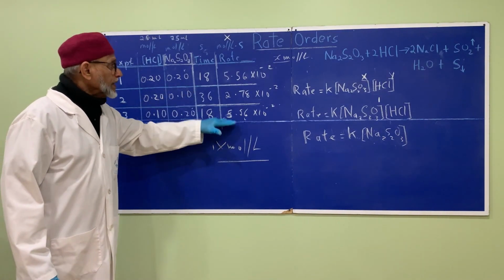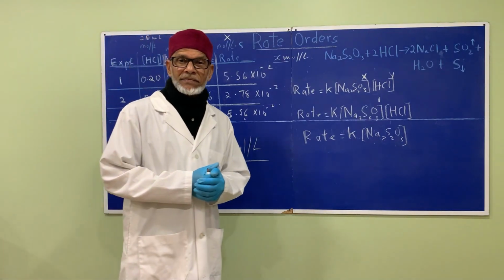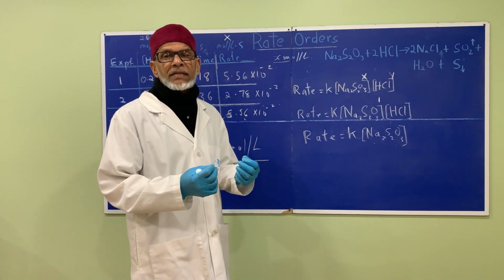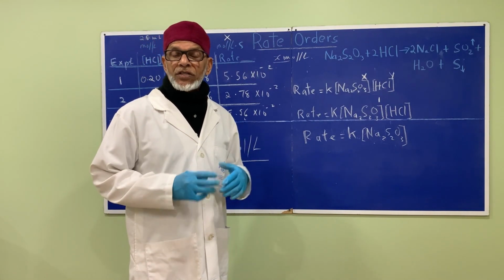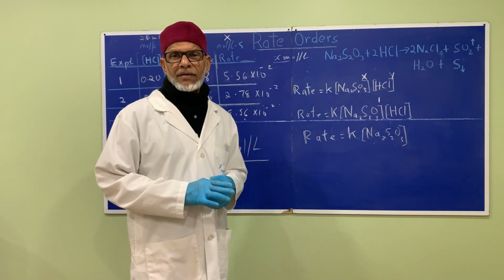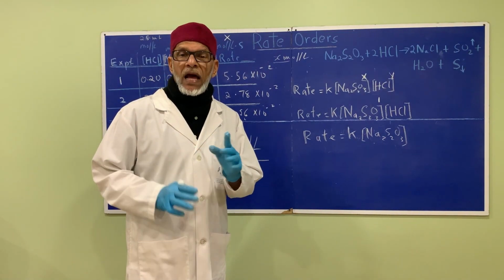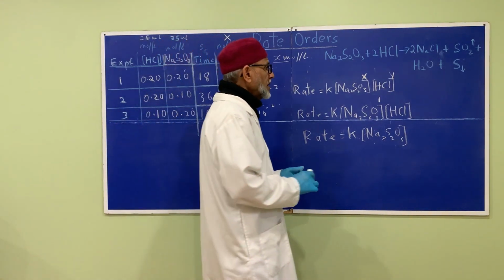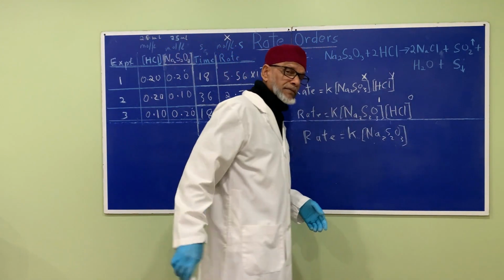The rate did not change. So this is the deal. If the concentration of one of the reactants is changed, and there is no change in the rate of the reaction, we will say that that reactant has a rate order of 0. In this case now, we will put a 0 here. So the y becomes 0.